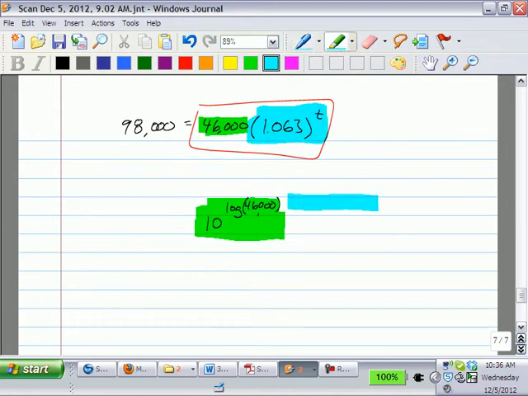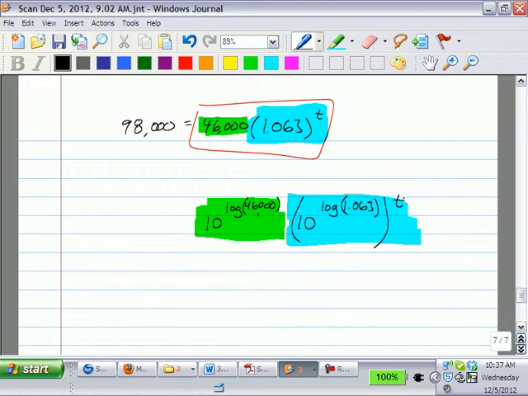So blue will get rewritten as 10 to the what? Like that, right?